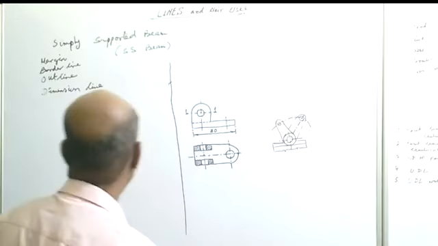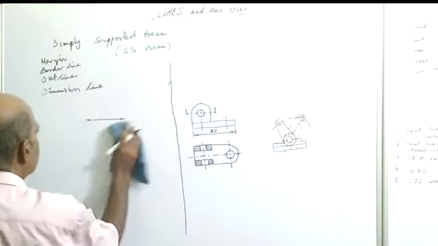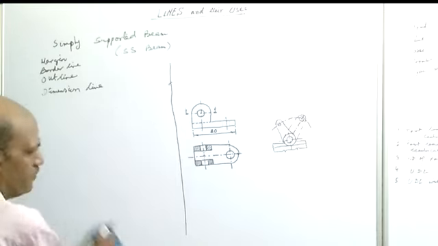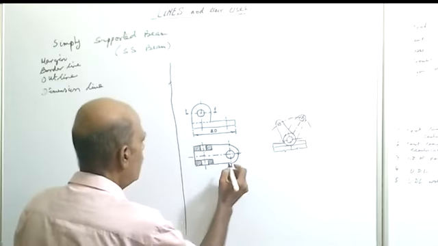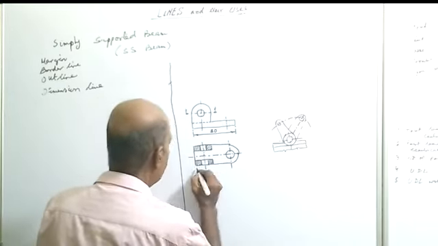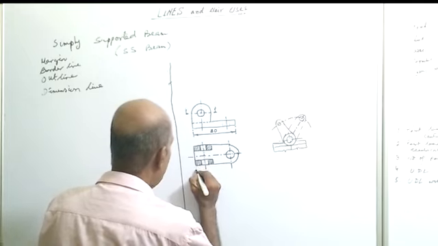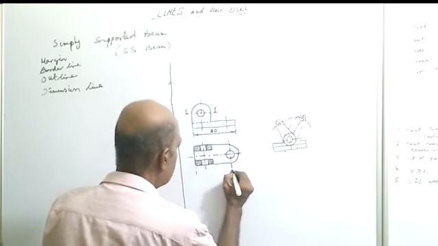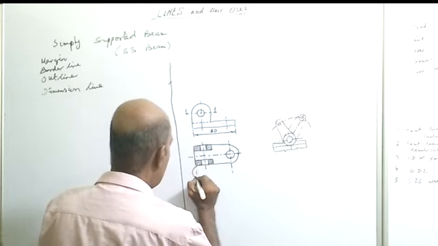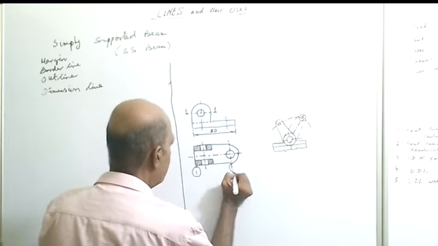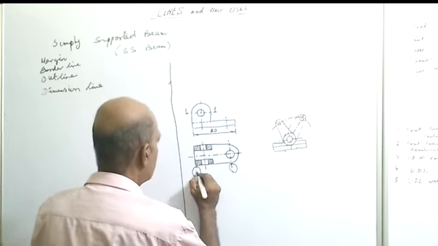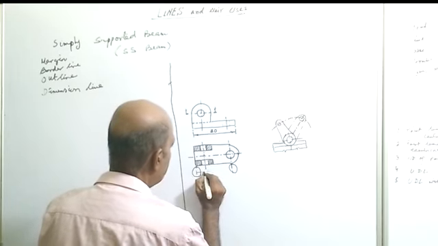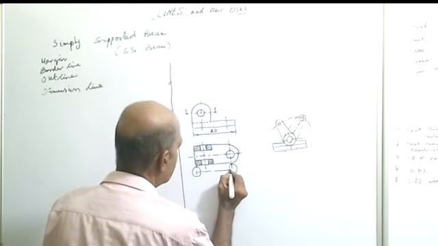Next, we will see the extension line. We want to show the dimension here, so from here we are taking the projections. This line is known as the extension line. Here we can place the dimensions.